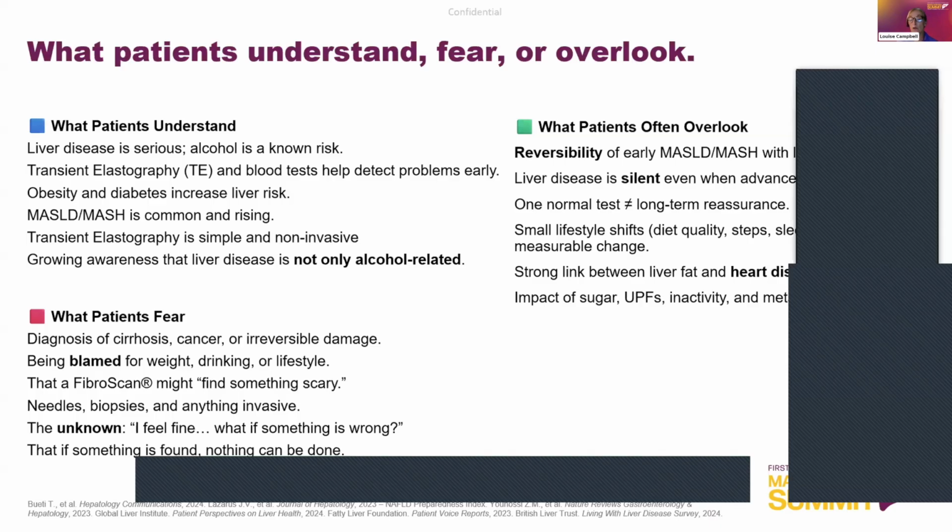We overlook the fact that a lot of it is lifestyle alterations that patients will engage with if they're talked to. One normal test, long-term reassurance, small lifestyle shifts, and a strong link with heart disease. Most people with fatty liver will die of cardiovascular disease, and we are diagnosing the ones who survived their heart attack. So we can look at avoiding these.